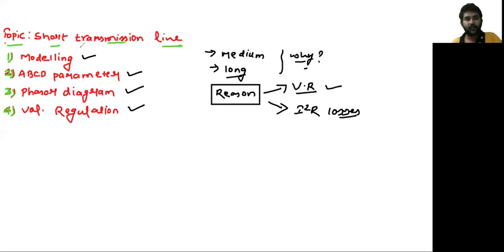Now we will start with the modeling. The first heading is model. So let's draw the basic circuit of the transmission line, or how the model looks.